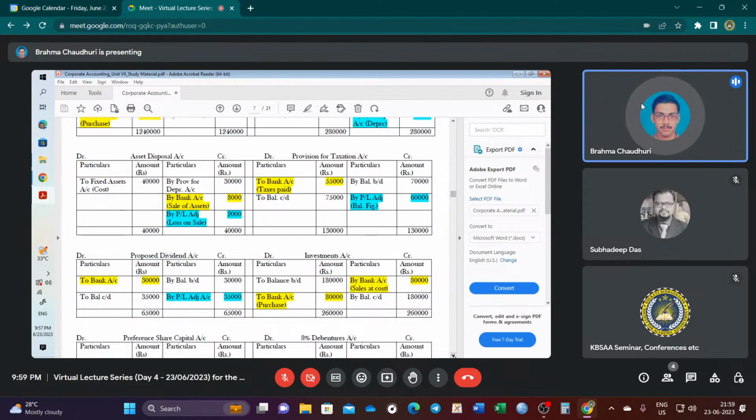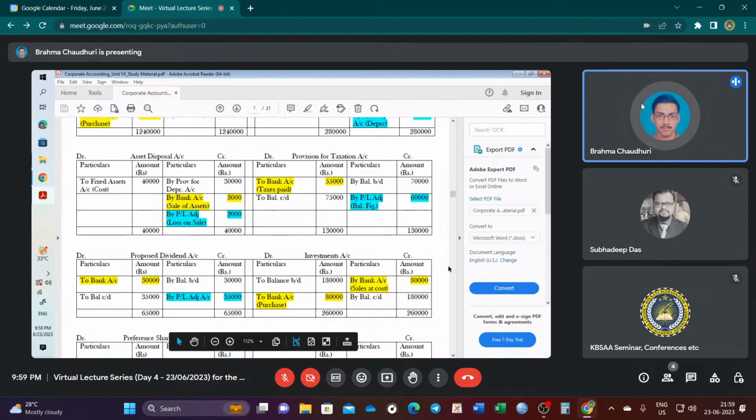So this is the general logic. But in case of this problem, since the taxes paid is differing, we are actually preparing this ledger account and ascertaining that the provision for taxation created through the profit and loss adjustment account is 60,000. So in this way, we will close these two accounts, the provision for taxation account and the proposed dividend account.